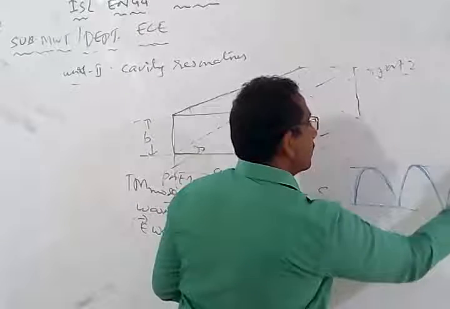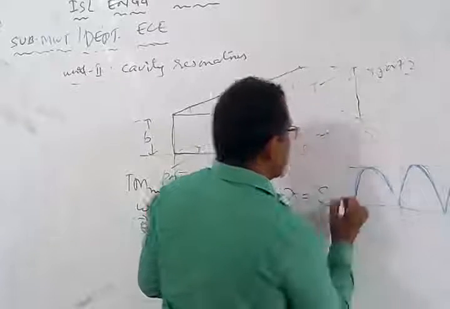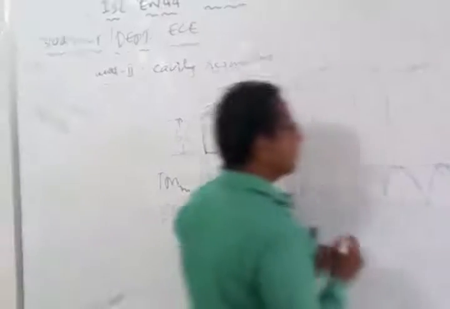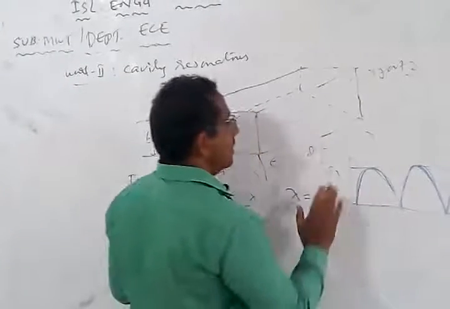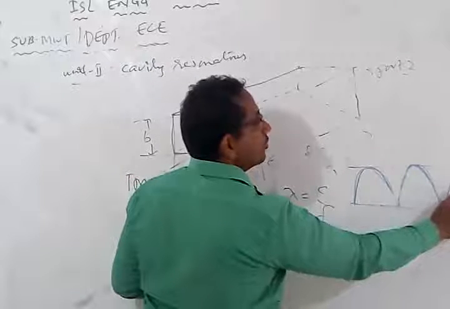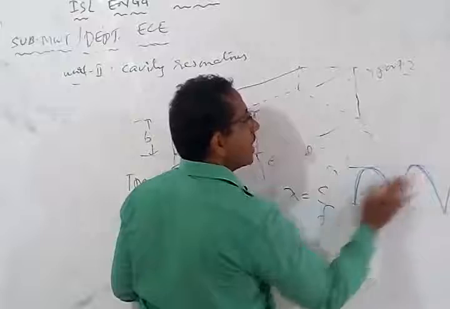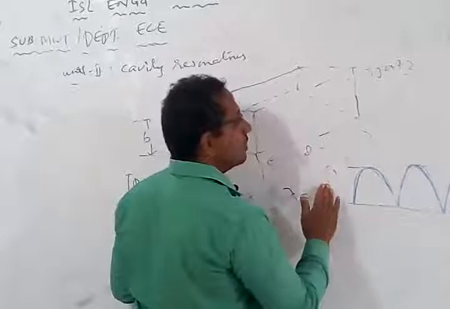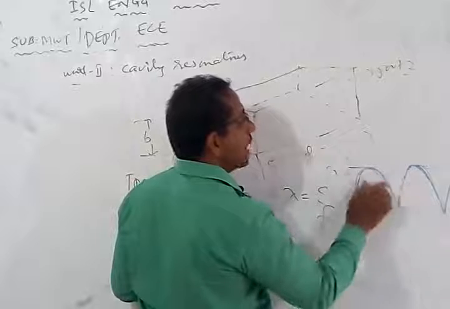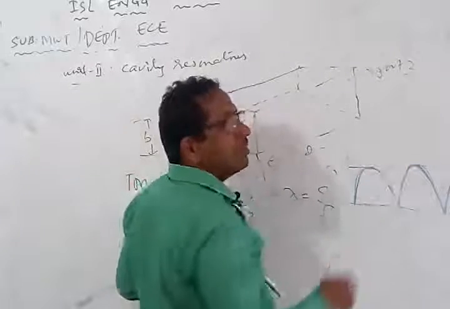Port 2 is closed now. This is port 1, P1, this is P2. Both are closed now. That means the wave transmitted from port 1 will come to port 2, and since port 2 is closed, it is going to get reflected back to port 1. From port 1 it will go into port 2 again. That means the wave is going to move back and forth, generating the oscillations.